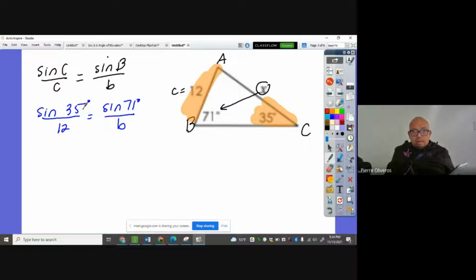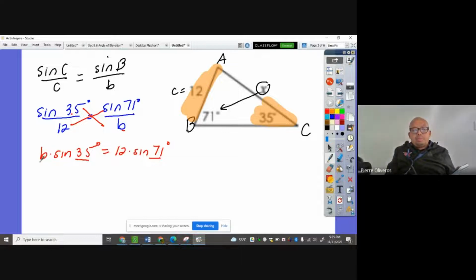So sine 35 times B is B times sine 35. If you notice, I did not put the B beside the angle. It has to be in front of the sine, is equal to 12 times sine 71. Again, same thing, I'm going to put the 12 in front of the sine, because these are degrees, and they cannot be multiplied directly with the regular numerical side value.